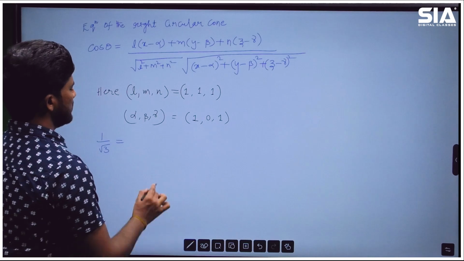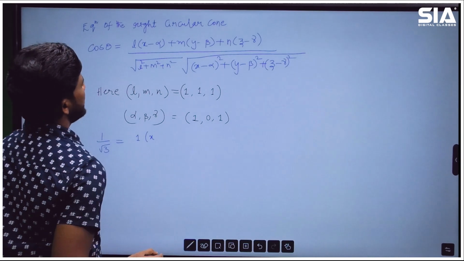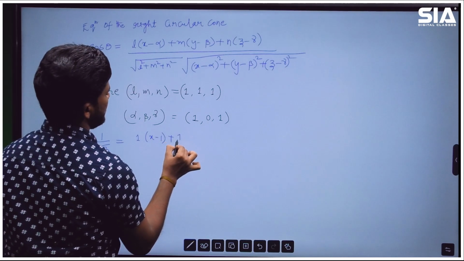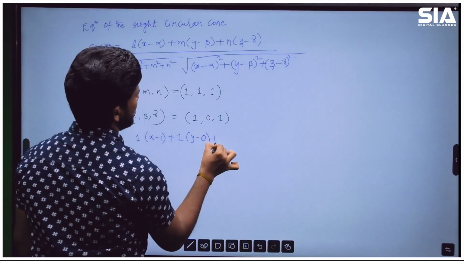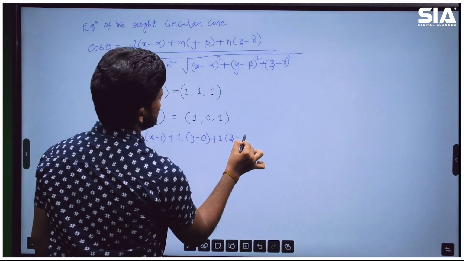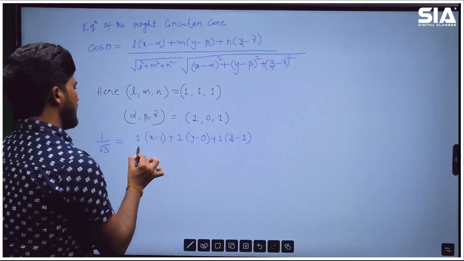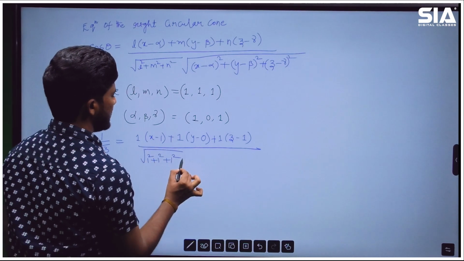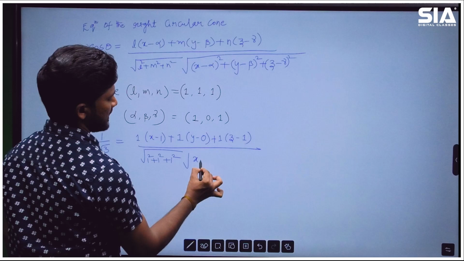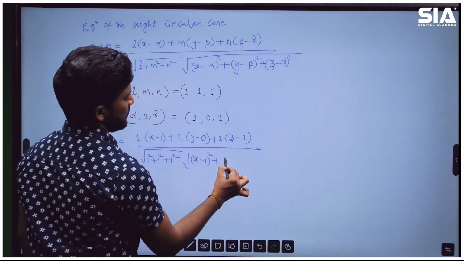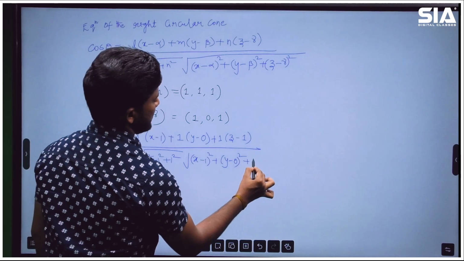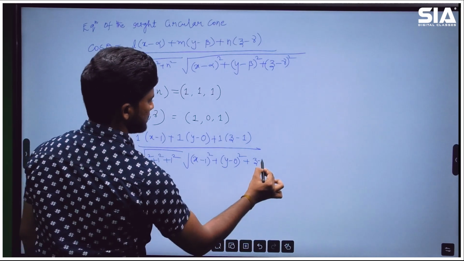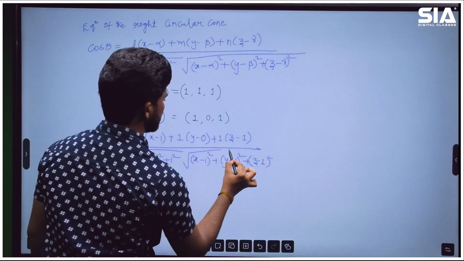1 by root 3 is equal to, l means 1 into (x minus alpha), x minus alpha means x minus 1, plus m into 1, (y minus 0), plus n into 1, (z minus gamma), by under root of 1 square plus 1 square plus 1 square, into under root of (x minus 1) whole square plus (y minus 0) whole square plus (z minus 1) whole square.